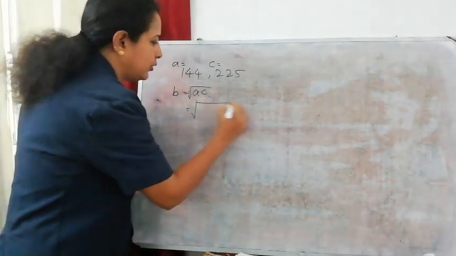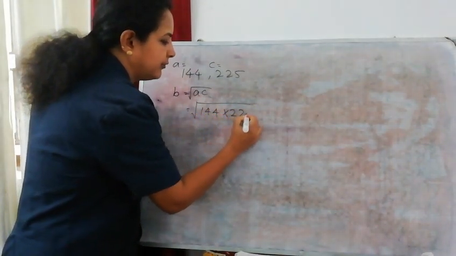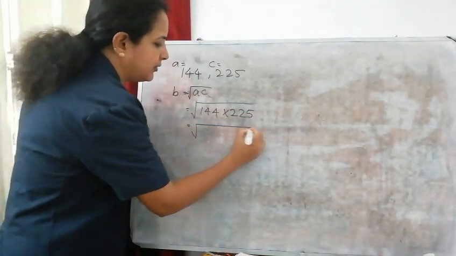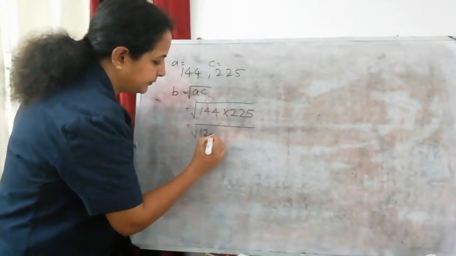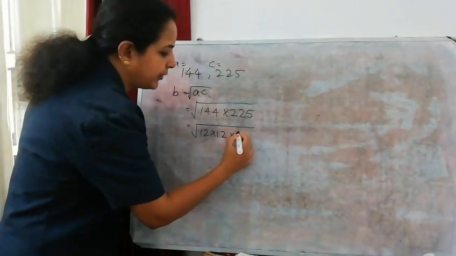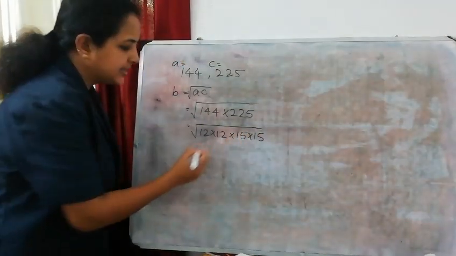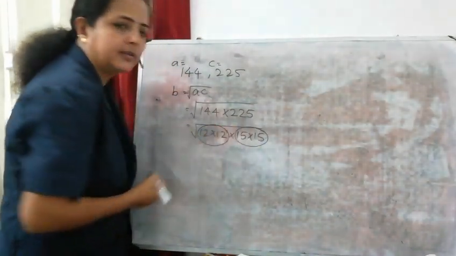B is equal to square root of 144 into 225. The factors of 144 we know: 12 into 12 is 144. Then 225 is 15 into 15. Here the same number is repeating.